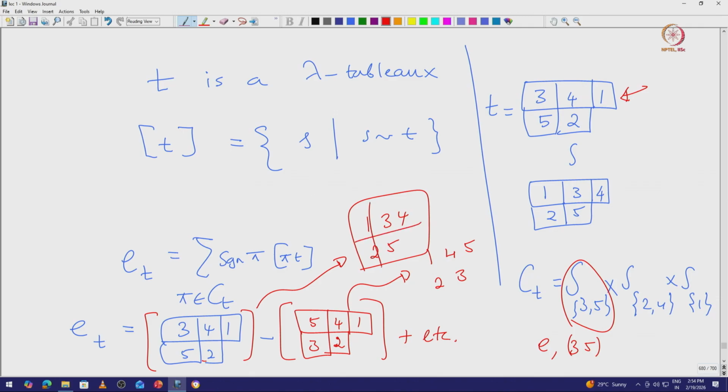The standard tableau is one in which the row entries increase as well as the column entries increase. Up to the equivalence you can always write a row in the increasing form. Now, once we go to the E_t you can easily see that the columns can also be permuted. So, in a way, that means the standard tableaus will index the elements E_t.